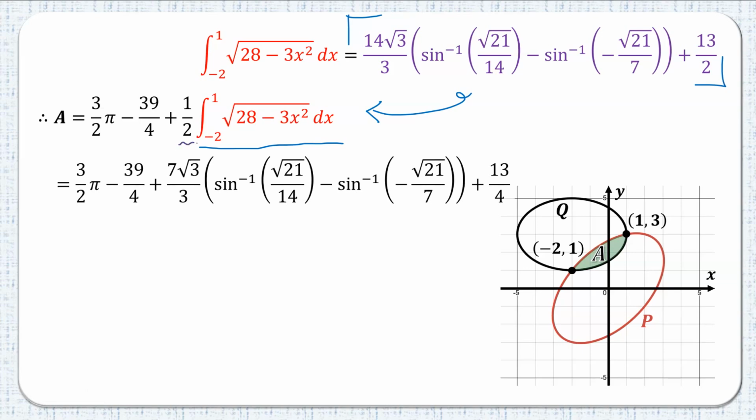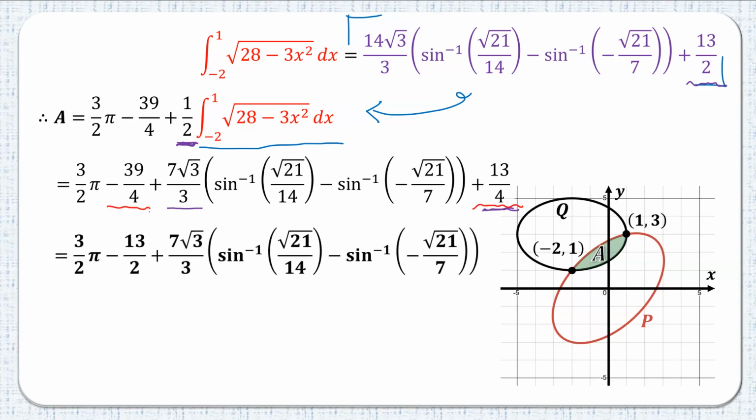Then, multiplied by this 1/2 here, now we have the number 7 square root of 3 over 3 here, then the inverse sine part, and this number now becomes 13 over 4. So adding this and this, we have 3 over 2 pi minus 13 over 2 plus 7 square root of 3 over 3 multiplied by inverse sine of square root of 21 over 14 minus inverse sine of negative square root of 21 over 7.